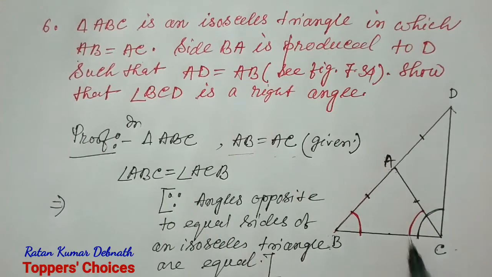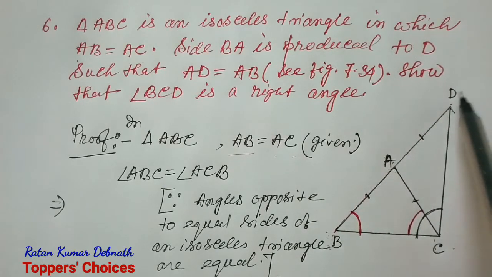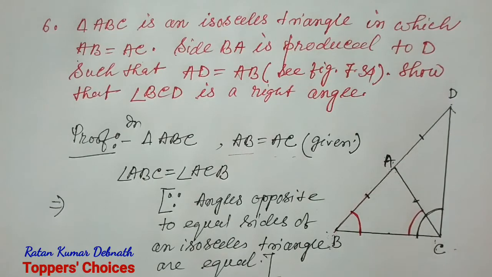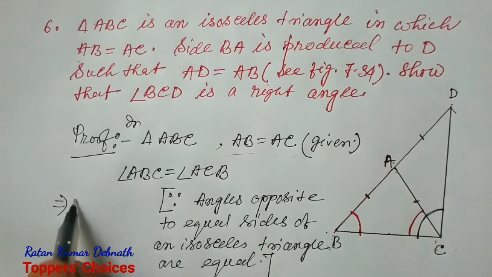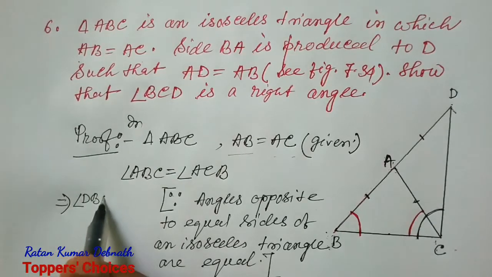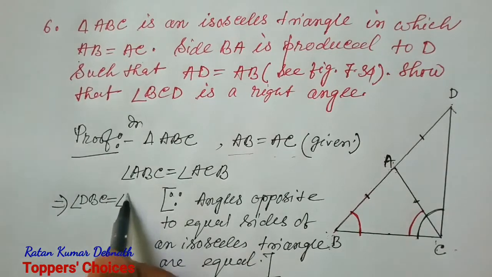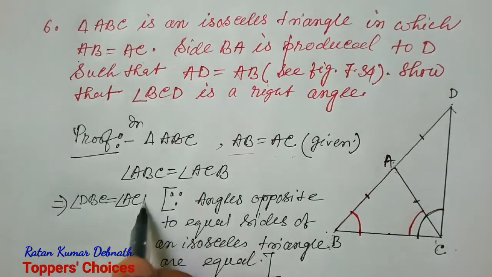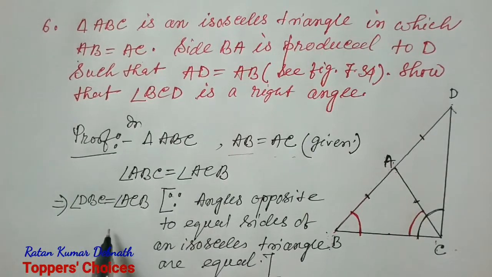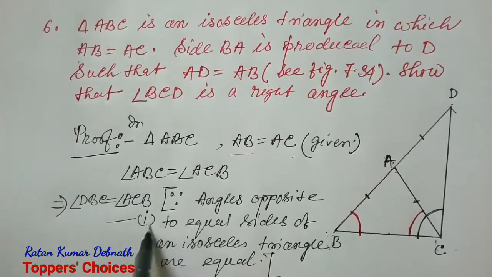In place of angle ABC, we also can write DBC, because angle ABC and DBC are the same angles. So angle DBC equal to angle ACB. I mark this relation as 1.